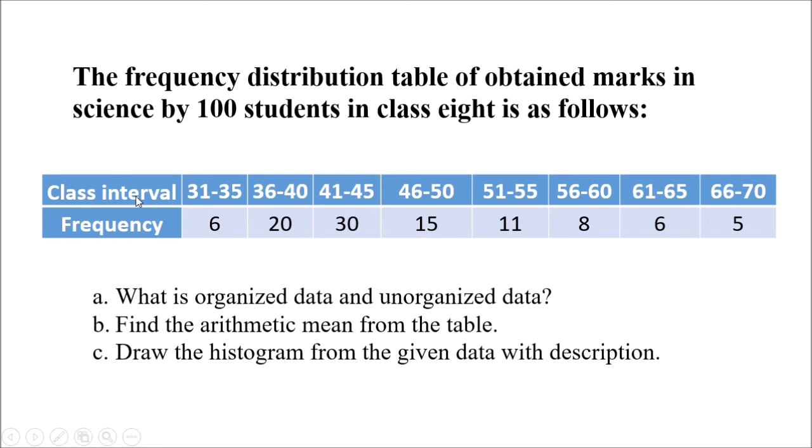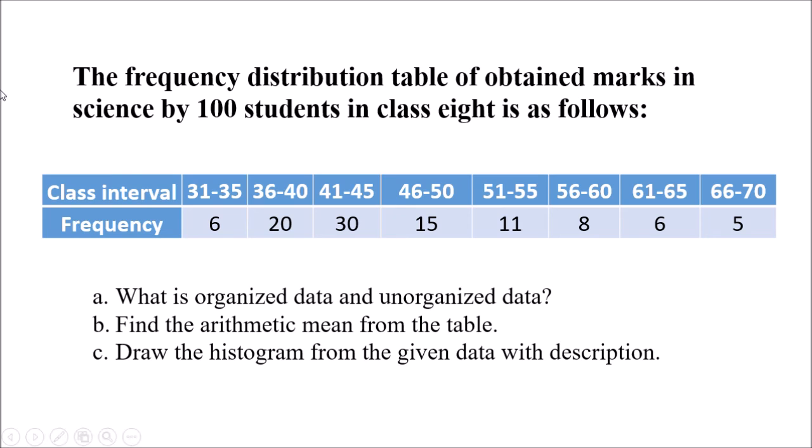Now there is a question for you. I think for practice you can do it right now. What is the question? The frequency distribution table of the marks obtained in science by 100 students in class 8 is as follows.